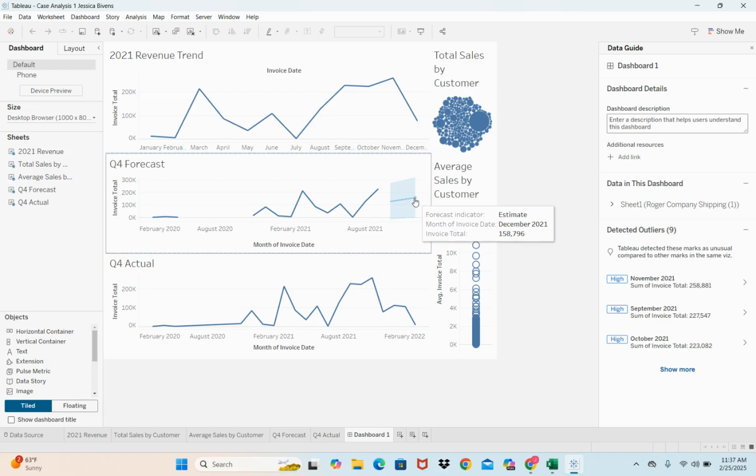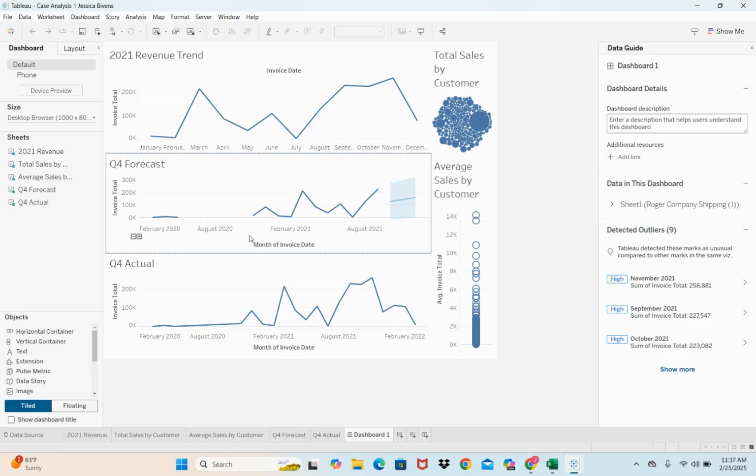December of 2021 obviously underperformed, while the months of October and November created more revenue than was anticipated, outperforming expectations.